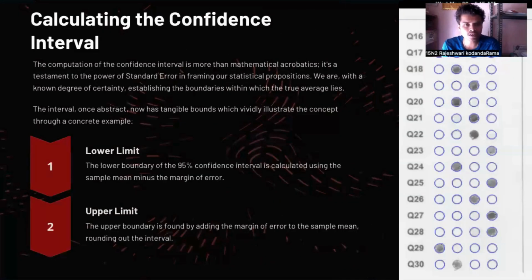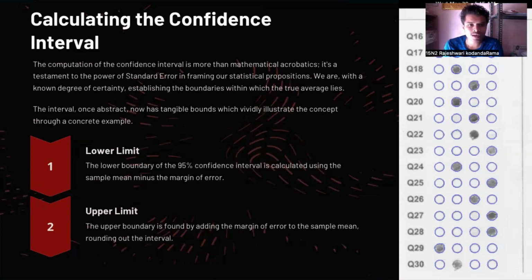So, calculating the confidence interval. The computation of confidence intervals is more than mathematical acrobatics. It is a testament to the power of standard error in claiming our statistical predictions. With a known degree of certainty, we establish the boundaries within which the true average lies.